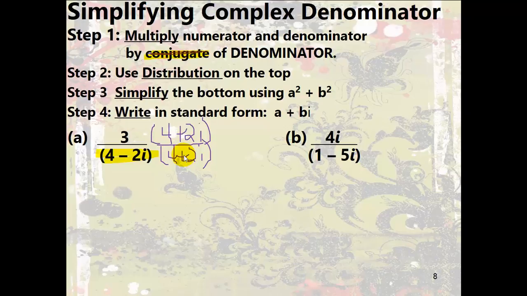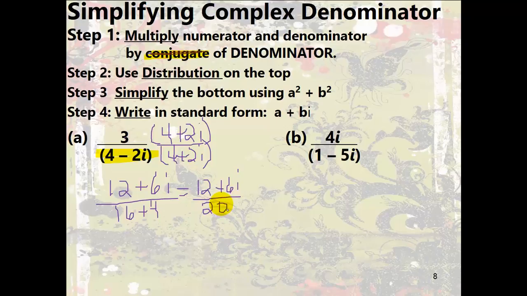I'm going to distribute the top, which gives me 3 times 4 is 12. 3 times 2i is 6i. 4 times 4 is 16. 2 times 2 is 4. So I get 12 plus 6i over 20. Then I'm going to split that up into 2 pieces.